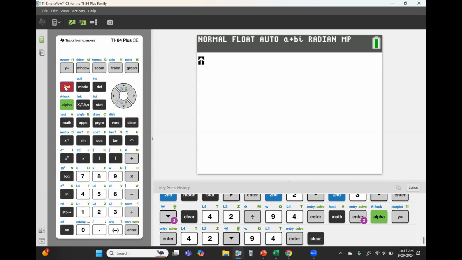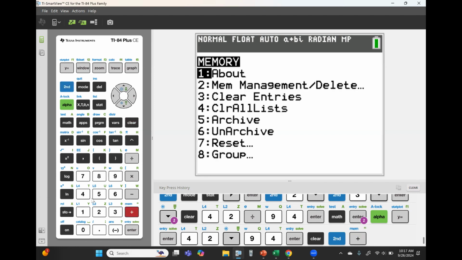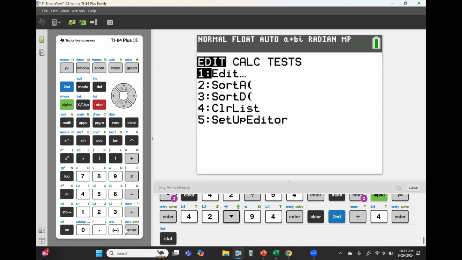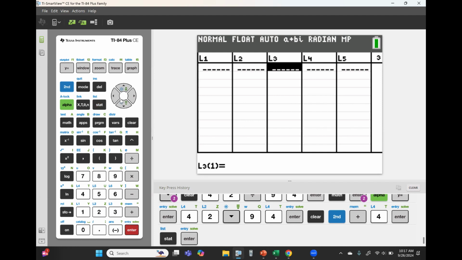I'm going to go 2nd, plus, and clear all my lists, number 4. Okay, so now I'm going to put that discrete probability distribution in 2 lists, because it's a table. So I'm going to go to Stat, Edit, and I'm going to put in my first list the values of my random variable.